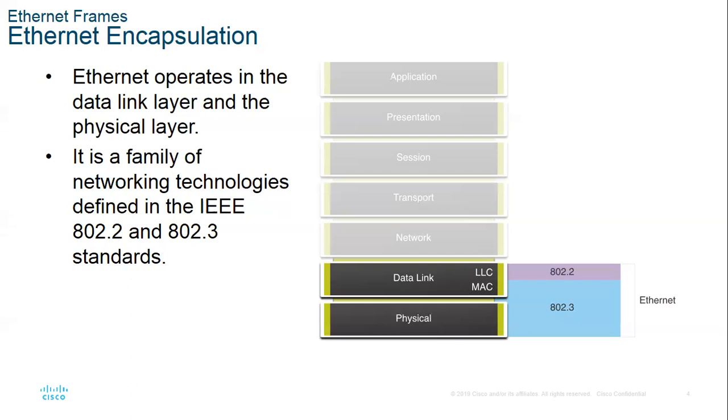The physical layer and the data link layer are covered or standardized by the international organization IEEE, where the data link layer is divided into two sublayers.